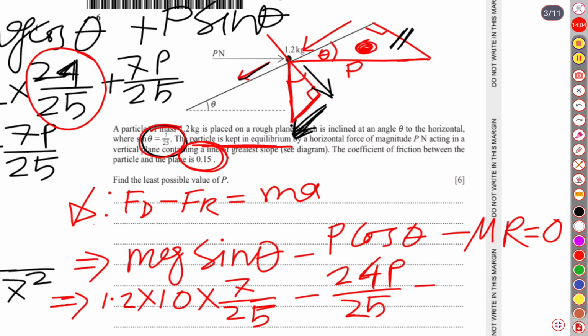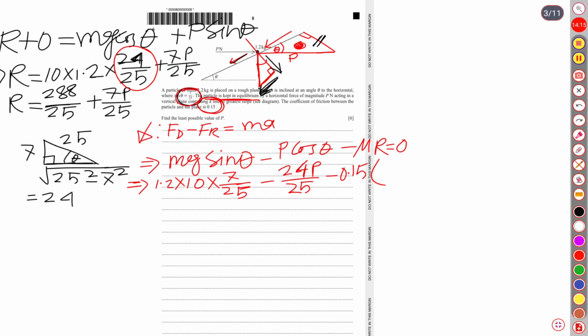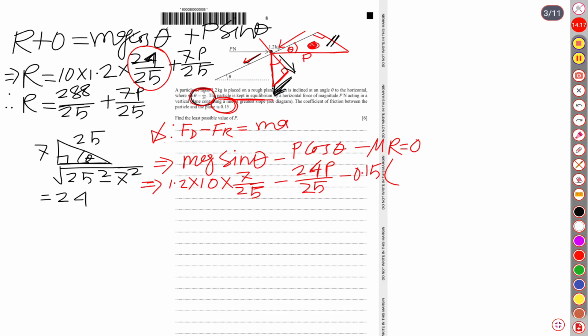It is given as 0.15. So 0.15 into R. How much is our R? We have already obtained R before writing our main solution. R is equal to 288 over 25 plus 7P over 25.